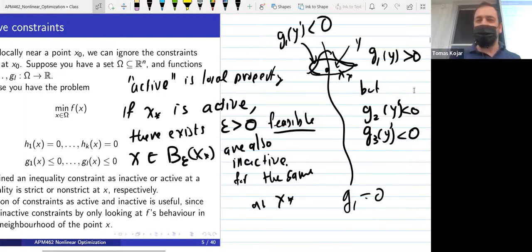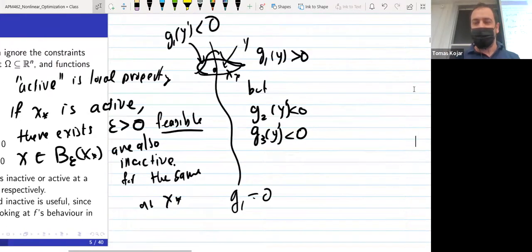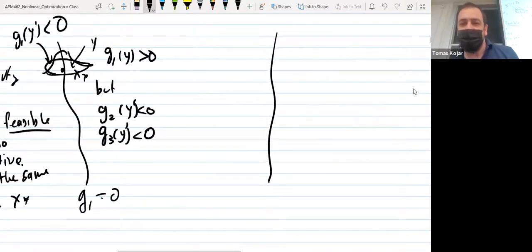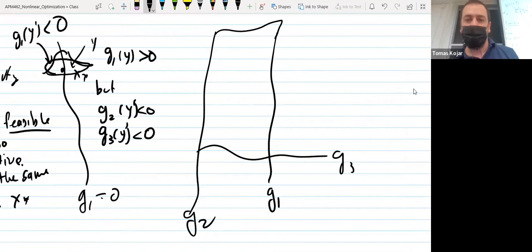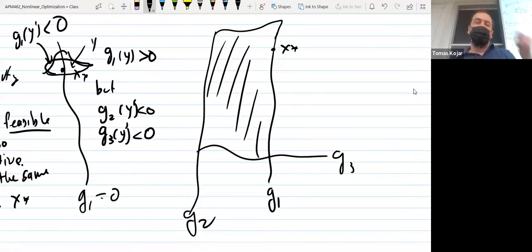So it's better to draw the picture. So here's the picture again. This is G1. This was G3, I think, and this was G2. Anyways, I'm spending too much time on this.